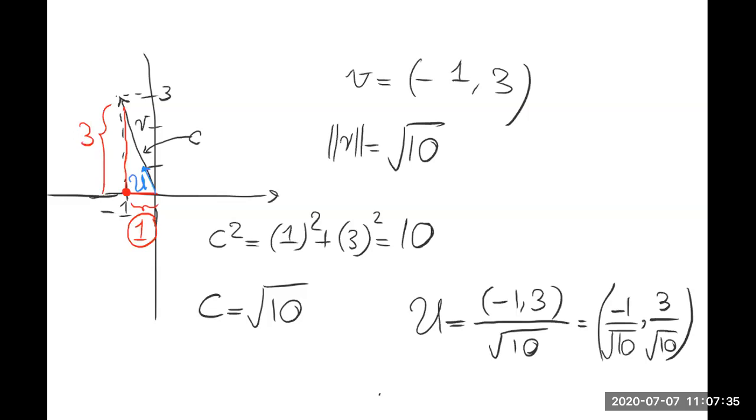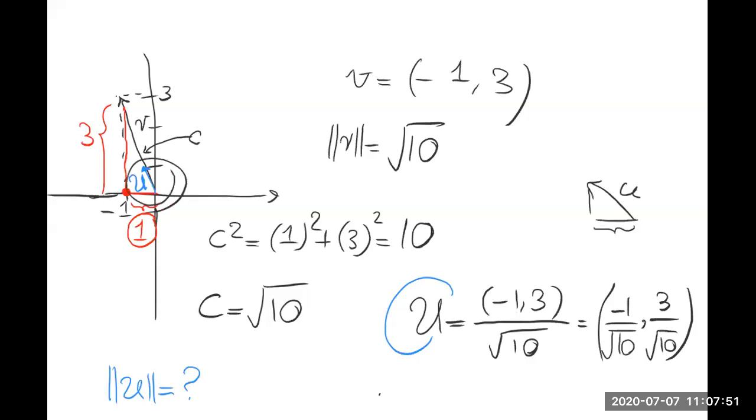So if I ask you what is the length of u, if you compute the length of u using Pythagorean theorem, you have this small triangle here. I would draw it here. It is u. One side is 1 over square root of 10. The other side is 3 over square root of 10, right?